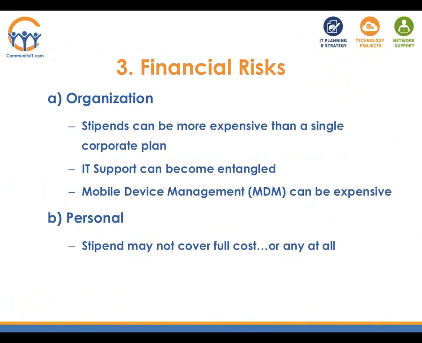So all of these personal risks really, in many ways, kind of boil down to morale. They can have an impact on the morale of the staff. So that's one sort of financial risk. And then also, individuals can be held responsible for supporting their own devices. The organization can say, you know what, it's your device, you're responsible for supporting it. You have to go to the Sprint store or the Apple store to get it supported.